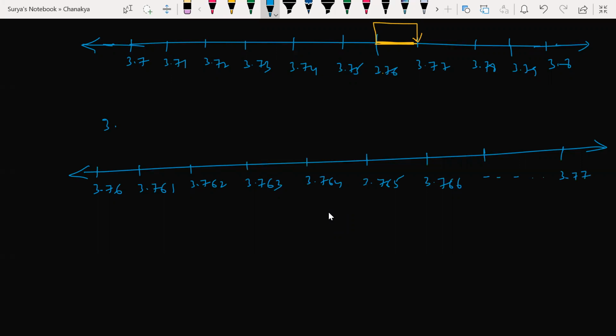So where is 3.765? This is the number which we were asked to find, and I'm just marking that.